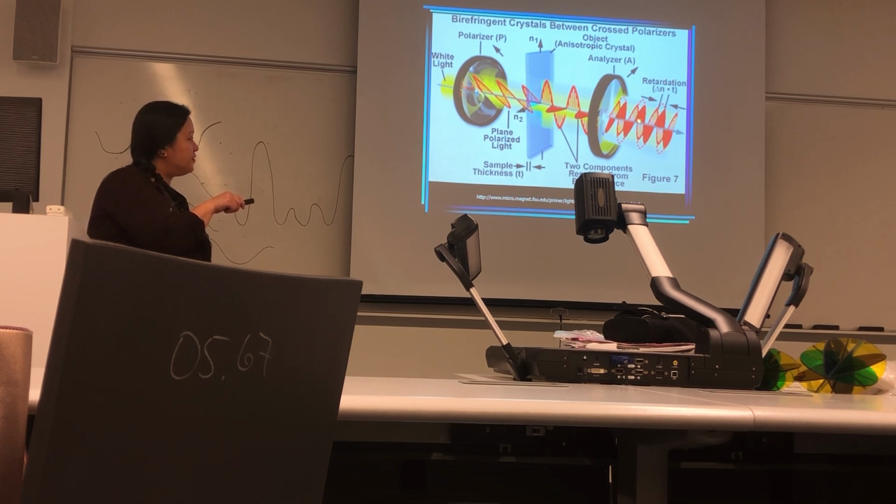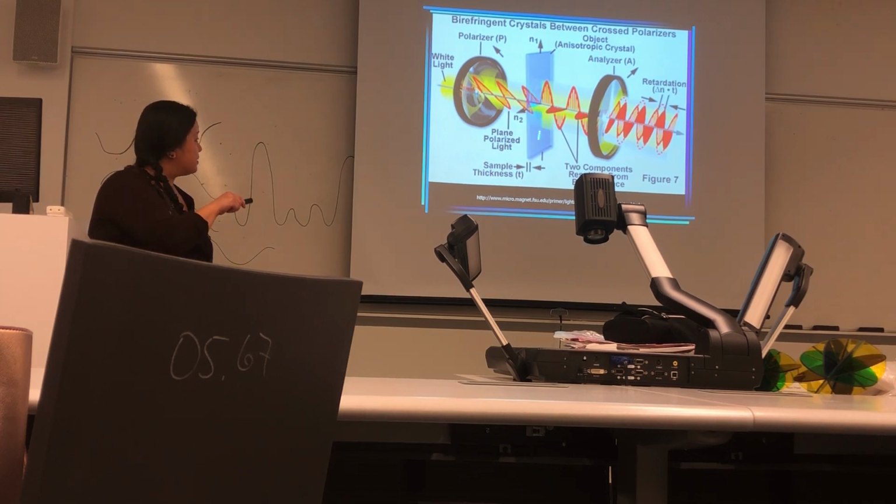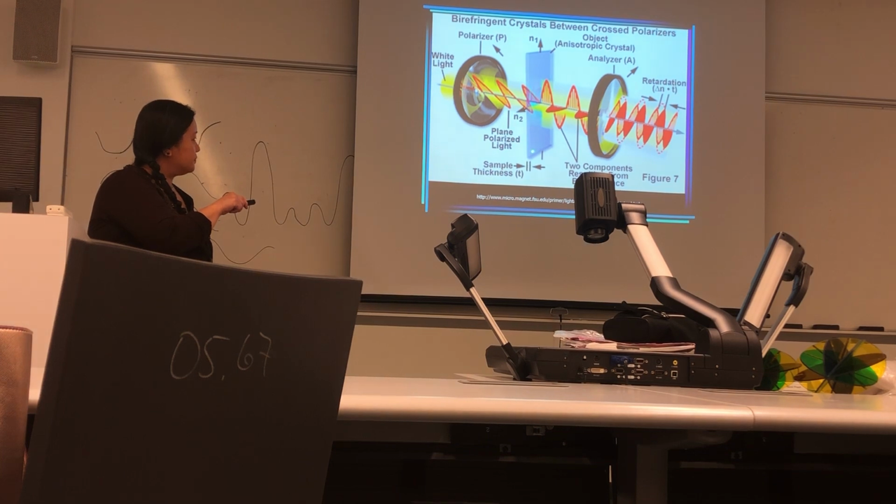Okay, and the out of phasedness of this shows you that the crest of the striped one and the crest of the solid one are not aligned anymore. One of them is further away than the other one. Delta n times t, which means delta refractive index times thickness, I'm sorry, not time, thickness, gives you the retardation. And thickness is the thickness of the crystal here.